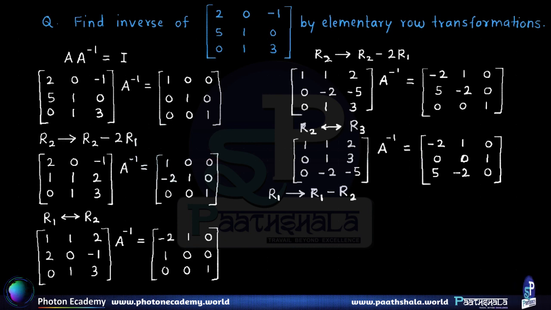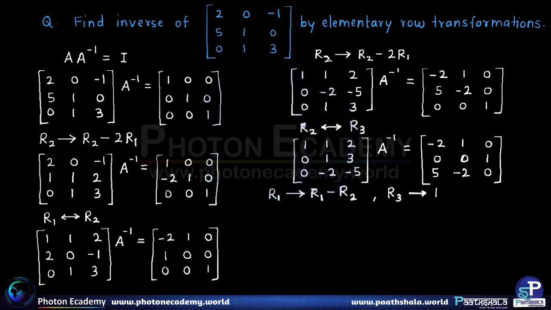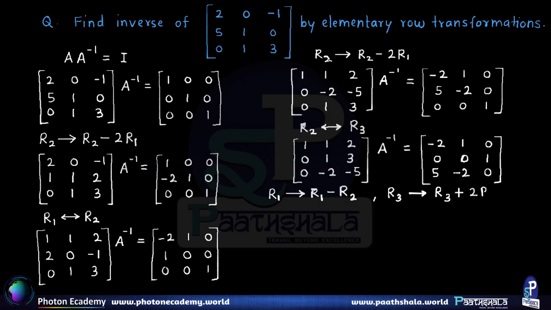And the last row is to be changed, that is R3 is to be changed as, now if we see the R3, we have to add twice the second row, so that is 2 times R2 we have to add to the third row, which will result in the desired elements in the third row. Alright, so that is how we apply the transformation of the third row.